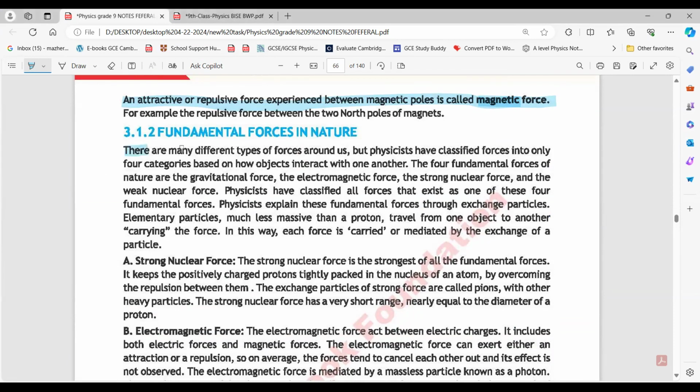Look, this is what they have written here. There are many different types of forces, but physicists have classified forces into four categories based on how objects interact with one another. The four fundamental forces of nature are gravitational, electromagnetic, strong nuclear force, and weak nuclear force.